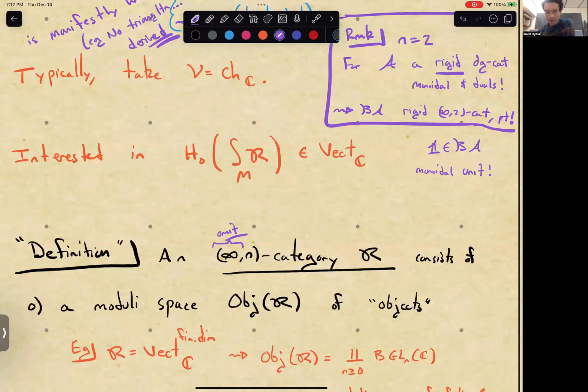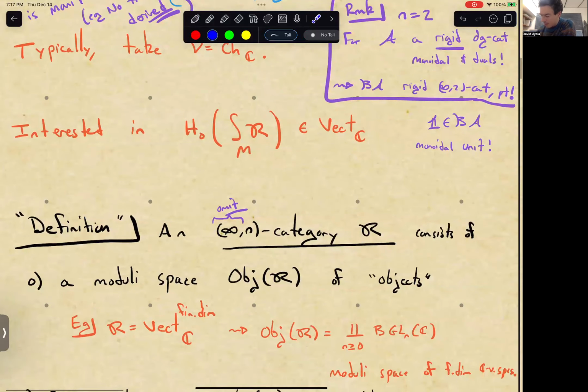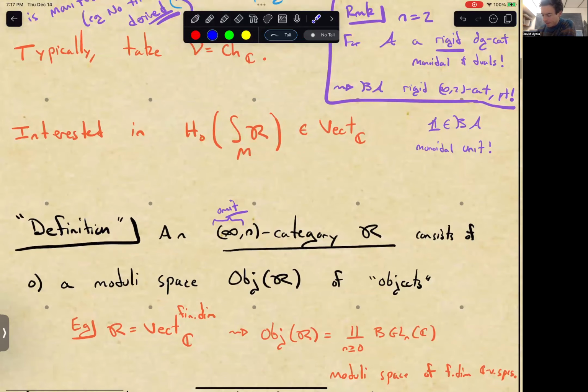And so how the most fantastic examples arise is by not omitting the infinity. But you're still welcome to get the spirit of what this is. So an infinity n category, or just think n category, it consists of a moduli space of objects. And here's an example. I should have said this is an example when n is equal to 1.